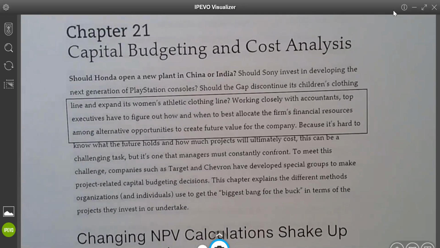It's an accounting-based rate. The first 2 are kind of cousins, based on the same discounted cash flow assumption. The first one is the big brother, the main one, net present value. The second one is internal rate of return.